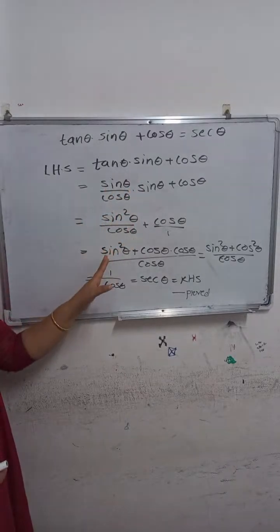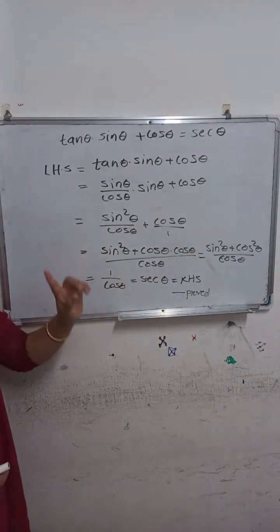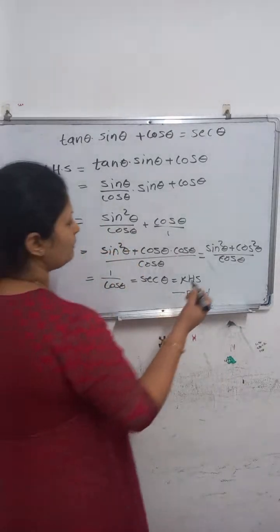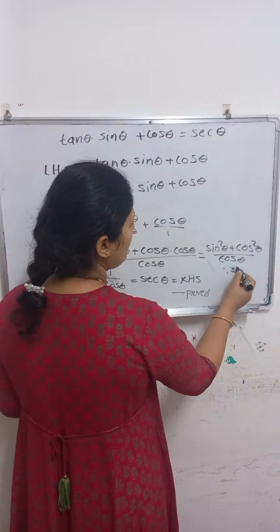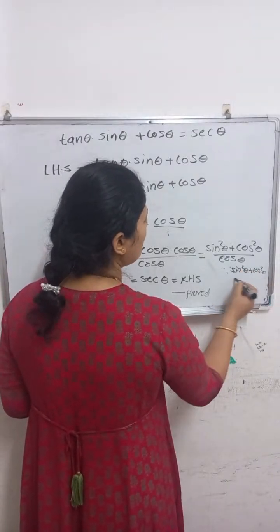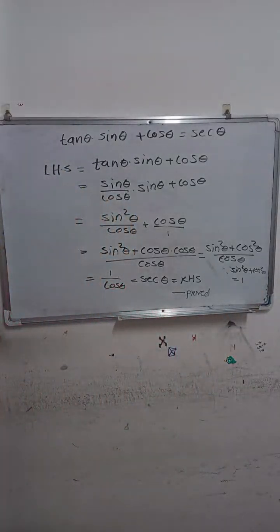I took LCM, so I got sin square plus cos square theta by cos theta. So sin square theta plus cos square theta is 1. If you want, you can write the reason here: sin square theta plus cos square theta is equal to 1. And we proved the RHS part. Copy this.